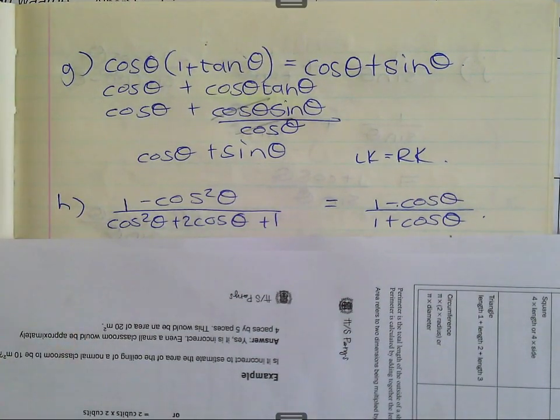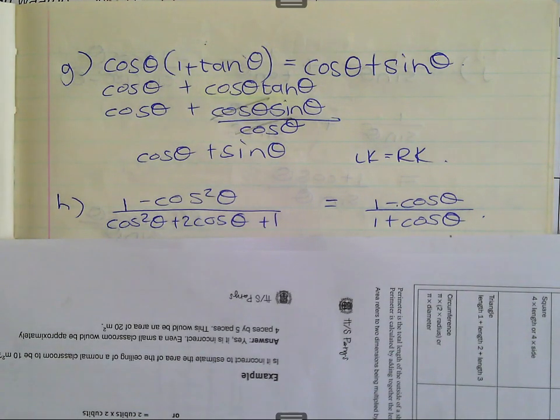Okay, H was quite a tricky one, because there are many options, many routes that I can take that's not necessarily the correct ones. So once again, you need to look at the answer to help you decide what to do. Because if I look at the numerator, 1 minus cos squared theta, I think many of us started to change it to sin squared theta.